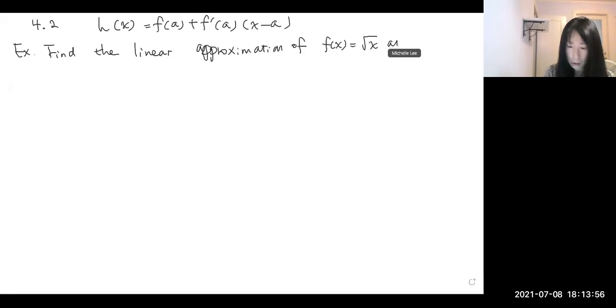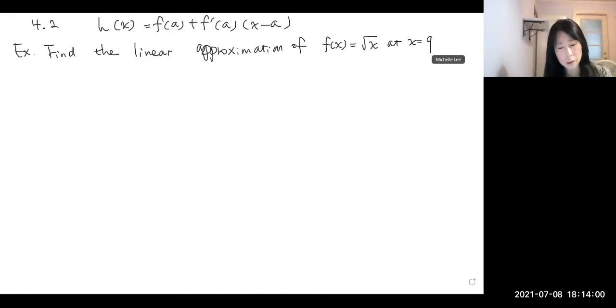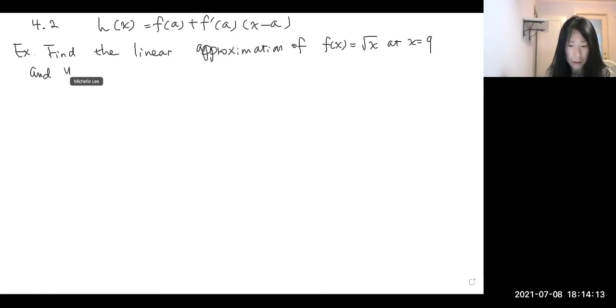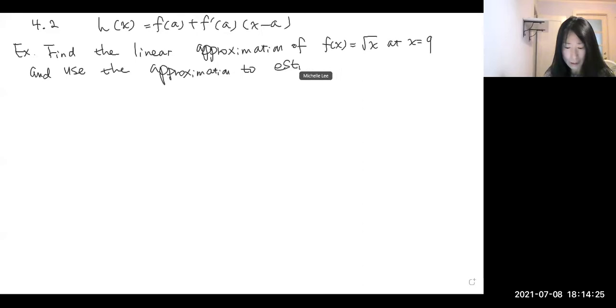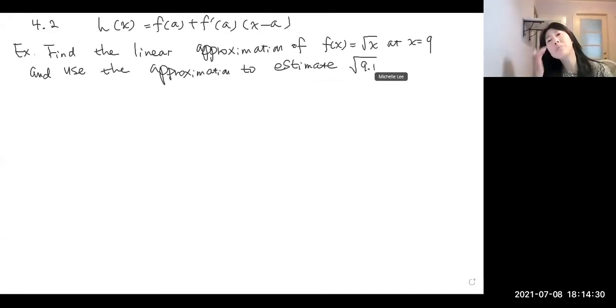So basically, we want to know about the value approximately, and use the approximation to estimate square root of 9.0. Okay.